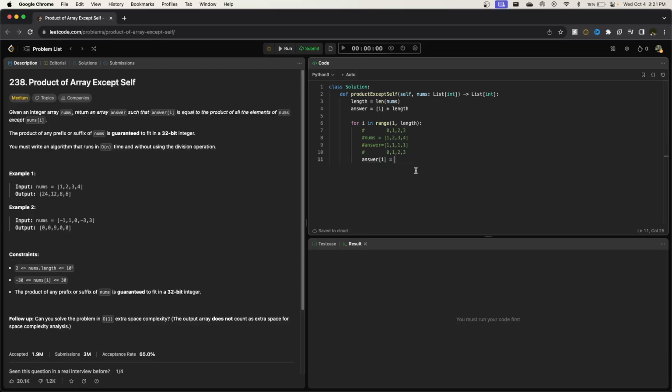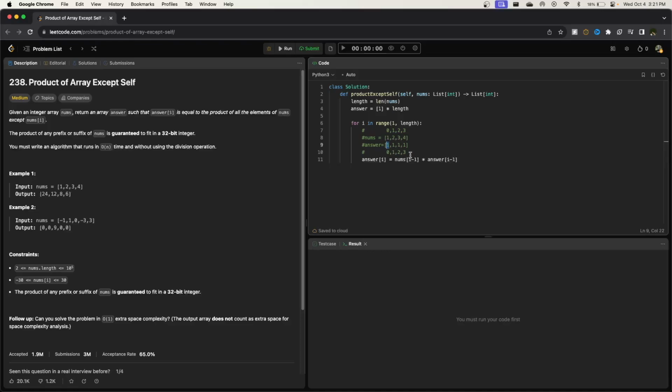So how we're going to do this is nums at i minus 1, the previous value, and we multiply that times the previous value in answer, which is 1. So 1 times 1, and then answer at the previous value, i minus 1. In this case, 1 times 1 is just 1, so we leave this one the same.